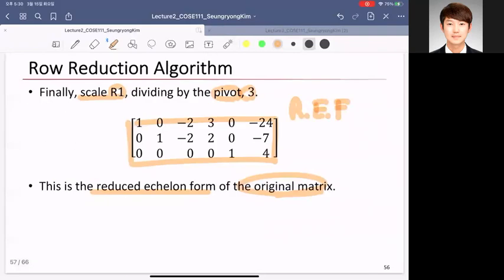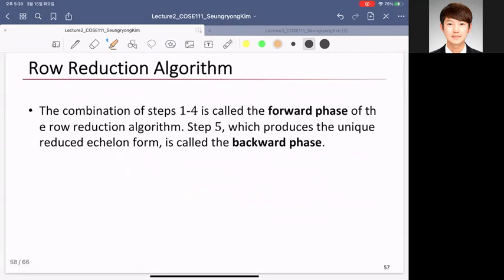Before discussing how to find a solution, let's summarize the row reduction algorithm. This kind of process is called the row reduction algorithm. The combination of steps 1, 2, 3, 4 is called the forward phase of the row reduction algorithm. Step 5, which produces the unique reduced echelon form, is called the backward phase.